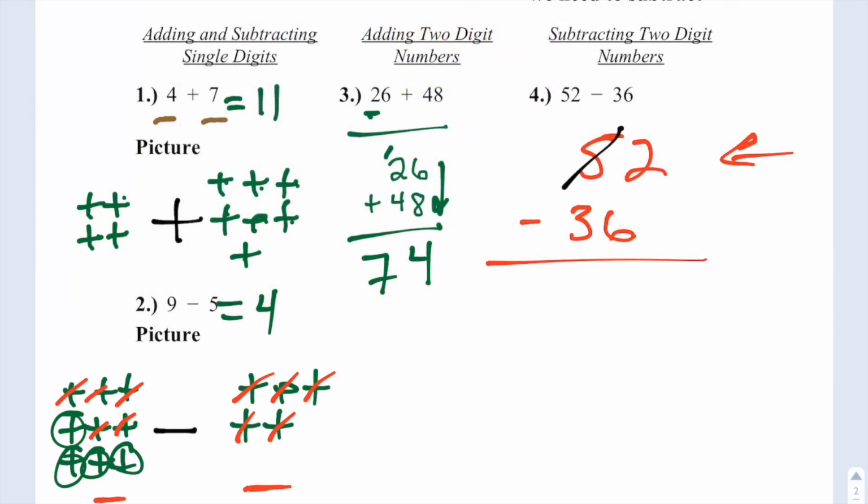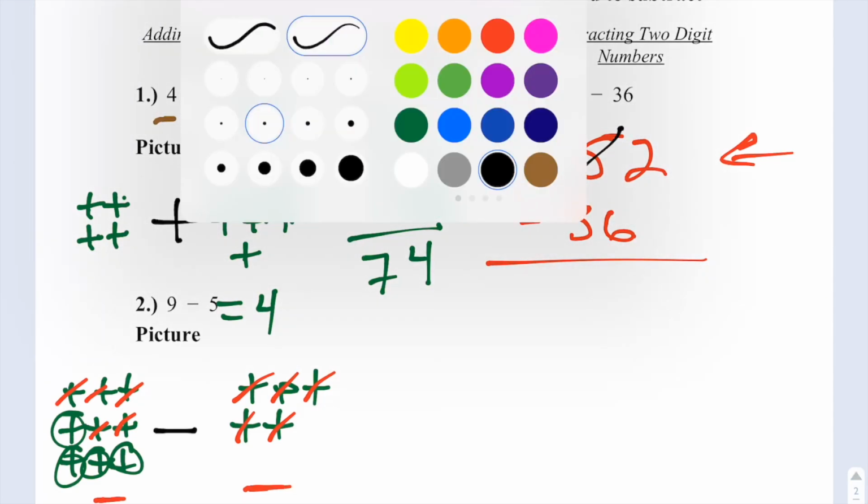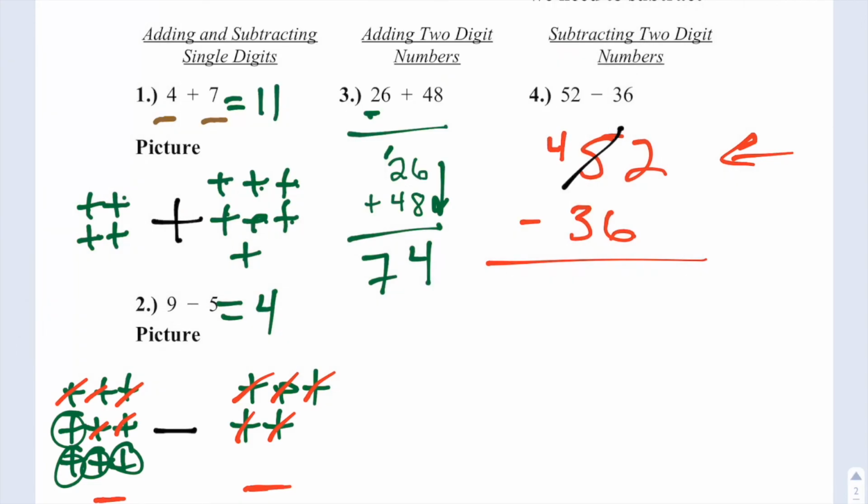We have to borrow a 10 out of the tens place. And that becomes a 4 there. And then we just take that 1 that we borrowed and put it over here with this 2. And that makes that 12. So now we can subtract 6 from 12, which gives us 6. And then over here, the 4 is greater than the 3. So we take the 3 away from 4, and that gives us 1. So our answer to that expression would be 16.